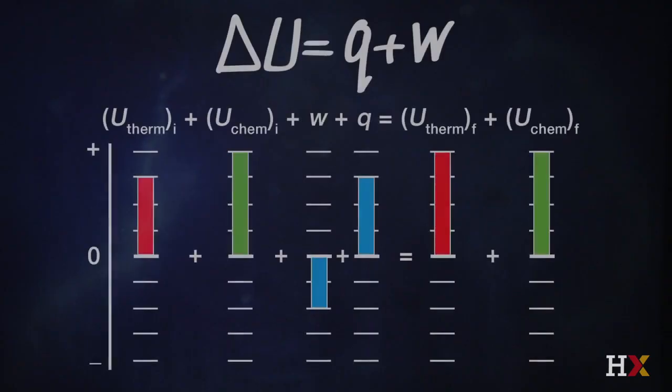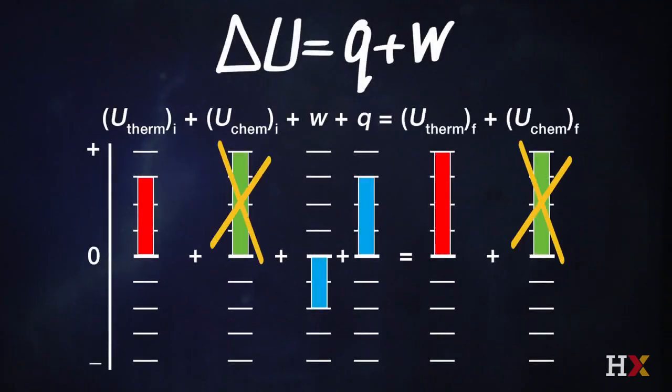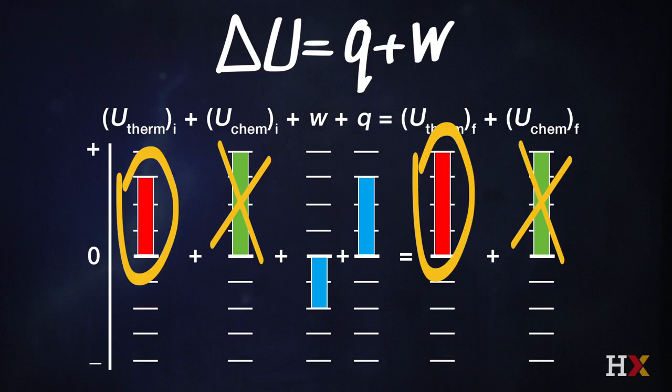All right, but now let's look at the first law of thermodynamics, because when we have an initial thermal energy and chemical energy, first thing we realize is that we don't have a chemical reaction going on inside the system, so we can ignore the term that represents chemical energy. So that means we're going to focus on the thermal energy initially, the thermal energy final.